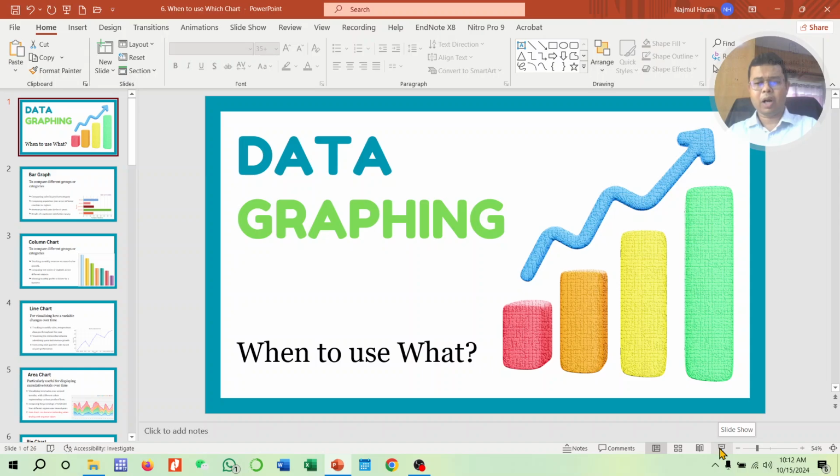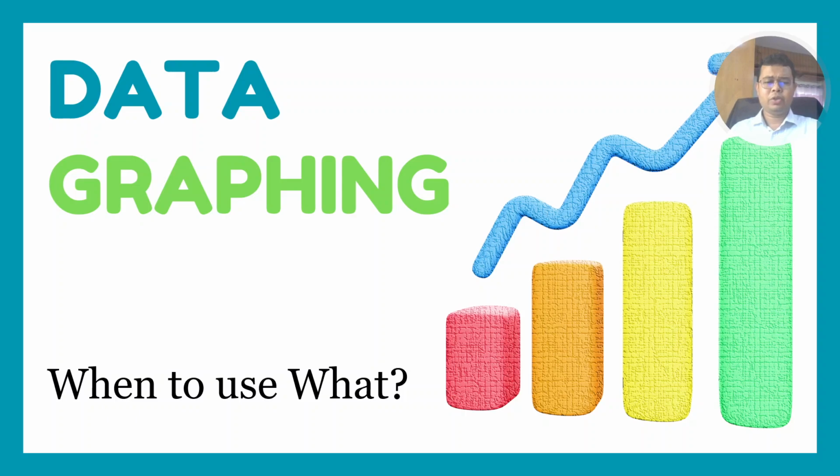So within this journey, we understood, probably if I'm not wrong, 20 graphs, right? So our objective was when to use what. You can make a chart just by dragging two variables onto the x-axis and y-axis, it doesn't matter. But as a researcher, as an analyst, as a student, you need to know whether the chart is meaningful or not, right?